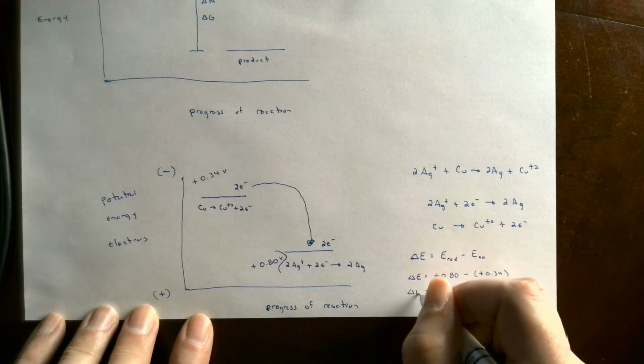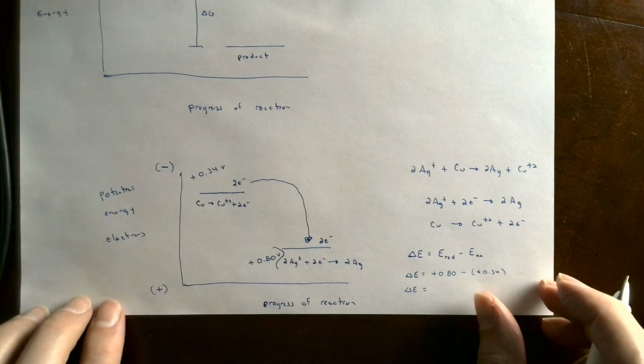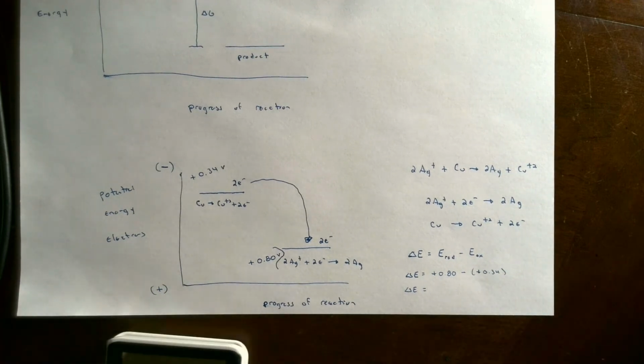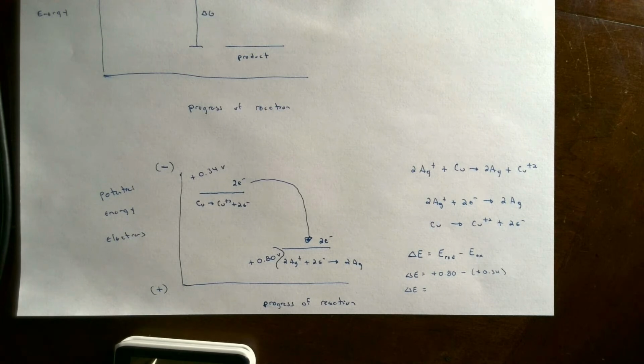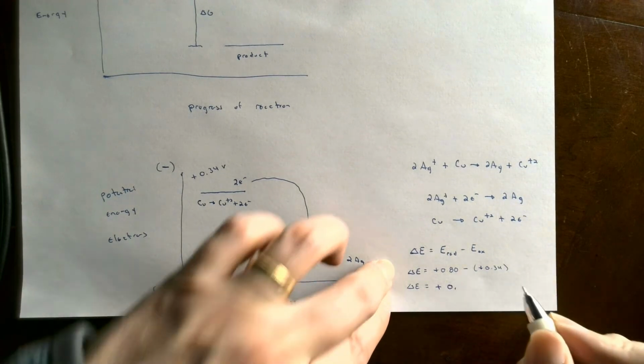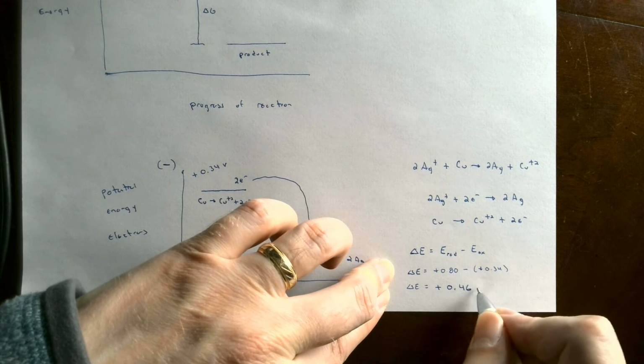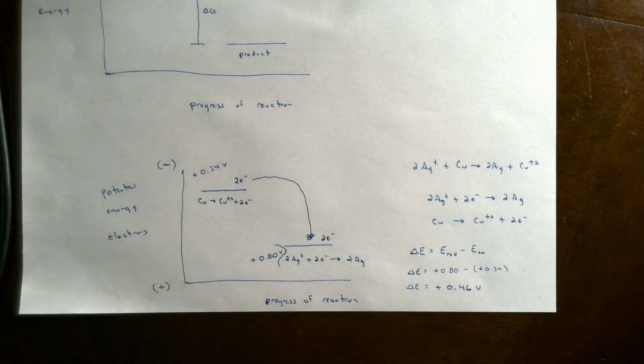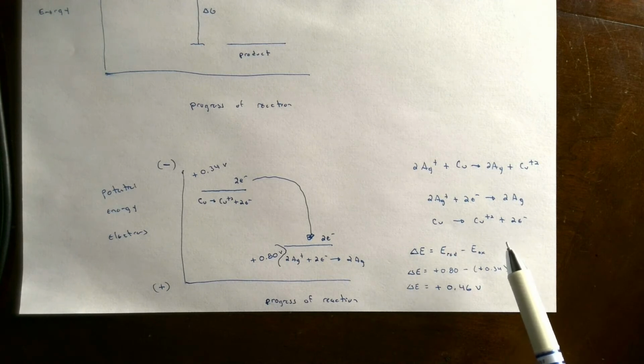I'll plug it into the calculator to make sure I get it right. So 0.8 minus 0.34 is plus 0.46 volts. So we can predict the sign and magnitude of the energy difference between the reactants and the products in any redox reaction.